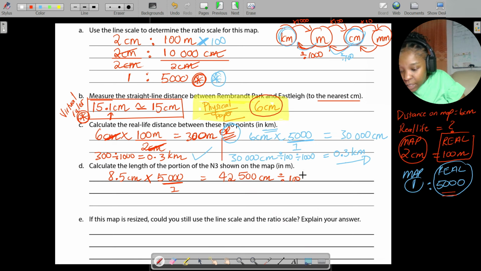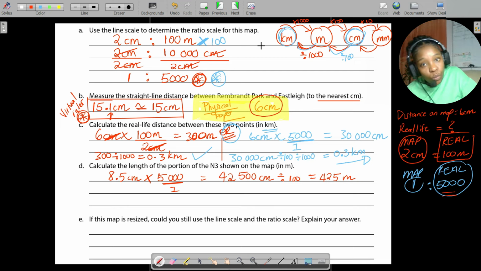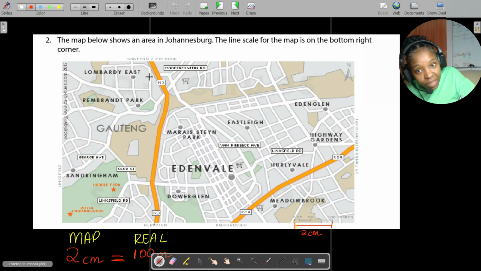So if you divide by 100, you'll find that the length of this portion is actually equal to 425 meters. Just remember, here it can seem a bit confusing. Calculate the length of the portion of the N3 that is shown on the map. Yes, we are shown on the map this length of the N3.